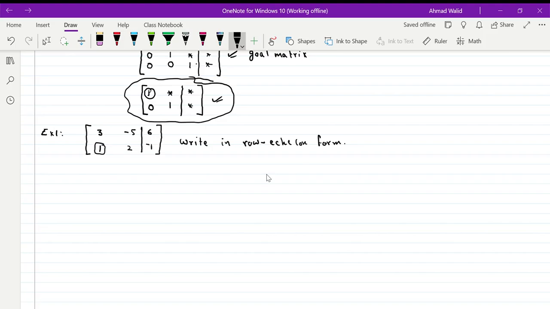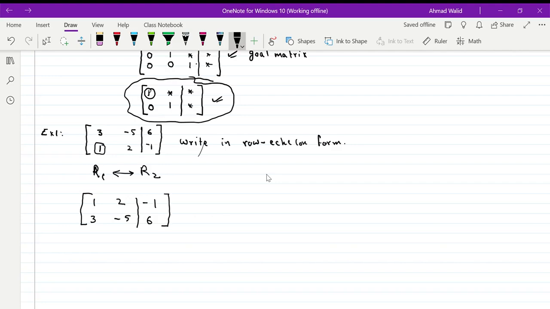Then I don't want to change 3 to 1 because it takes kind of time. The easy method is to do an interchange. Then my first step is I'll interchange row 1 with row 2. Then I will write 1, 2, negative 1, and I'll bring row 1, which is 3, negative 5, and 6.